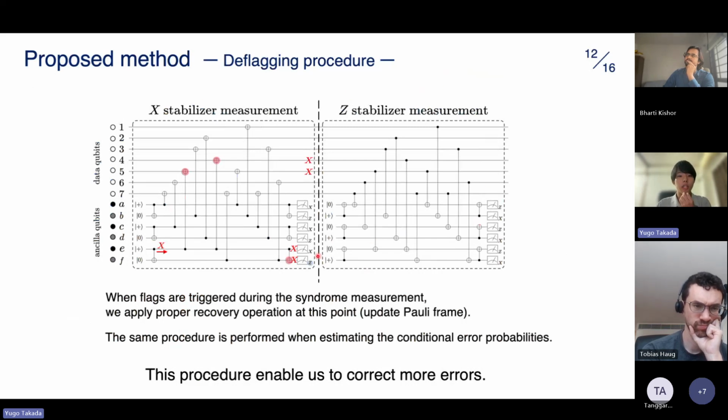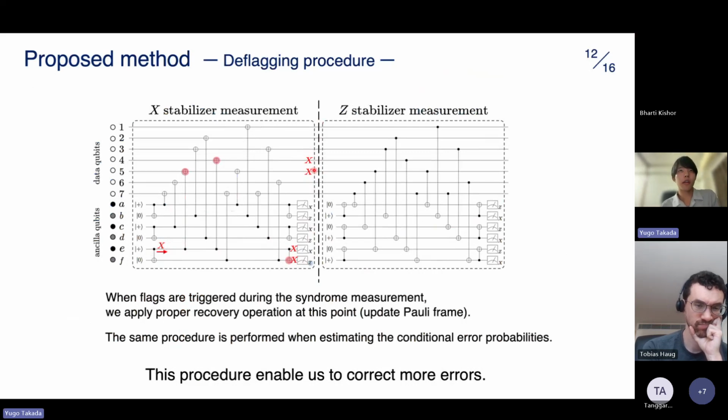When some errors occur like this and flags are triggered during the syndrome measurement, we apply a proper recovery operation at this point, or update the Pauli frame, because we know that if this error occurs, the propagated errors are these two X operators.